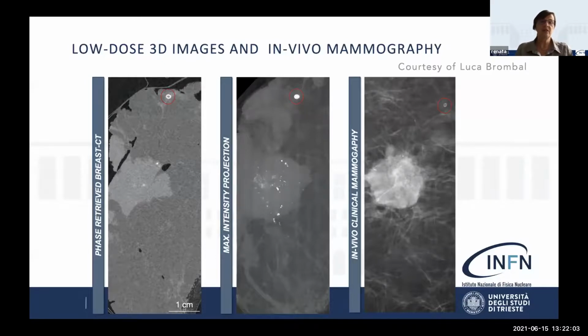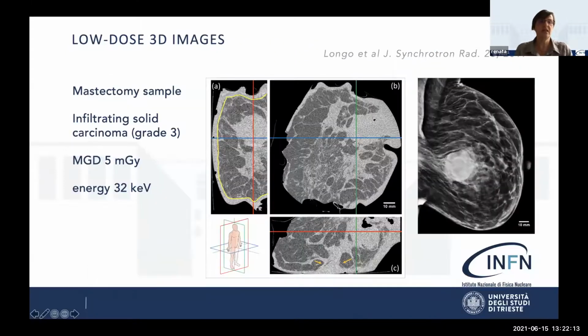So even if we are performing CT, we are still at a very significant spatial resolution. Here you see a 3D view of a breast before surgery, and this is the in vivo mammography, and radiologists can compare the appearance of the information of mammography with the information that we obtain in 3D breast CT.